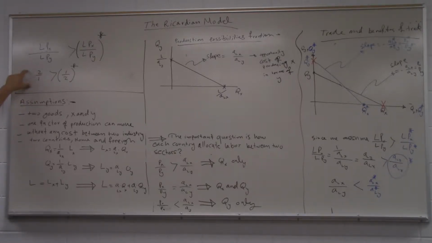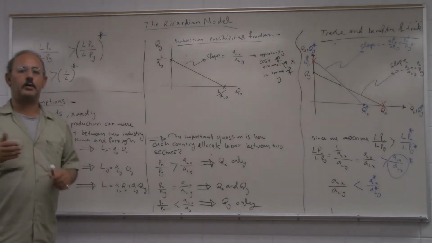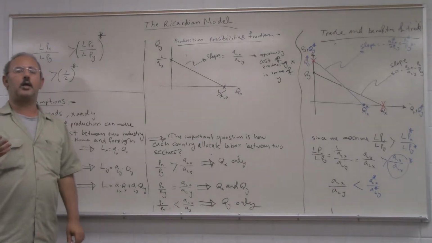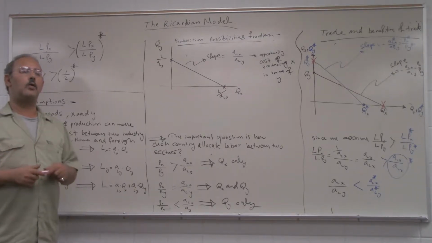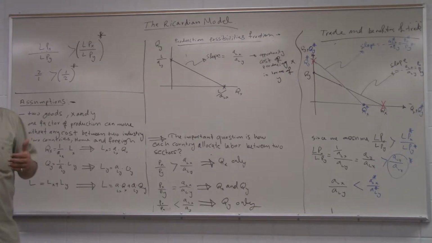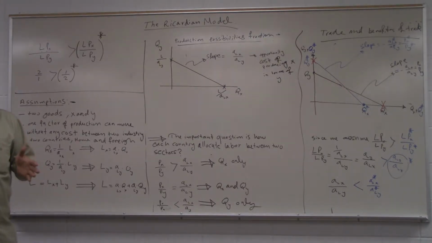If we compare this labor productivity ratio to another country, and assume that labor productivity in producing good X relative to good Y is lower in the foreign country, then the home country has comparative advantage in producing good X. That means the home country can produce good X more efficiently compared to good Y, relative to the other country.